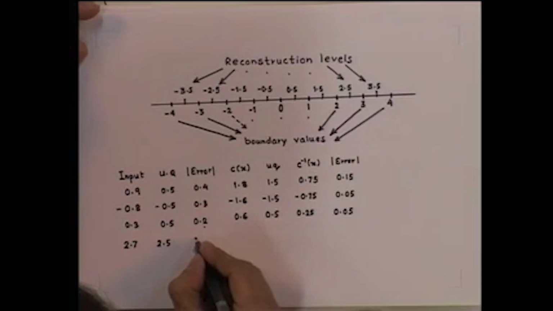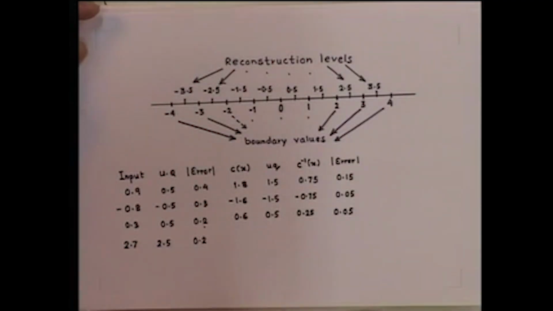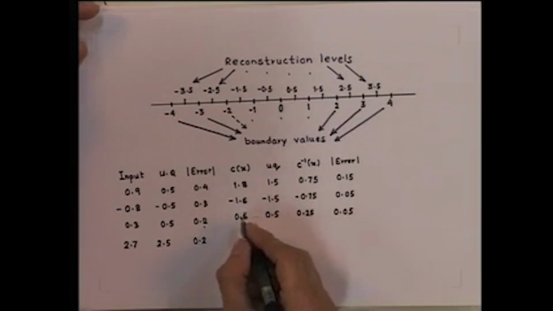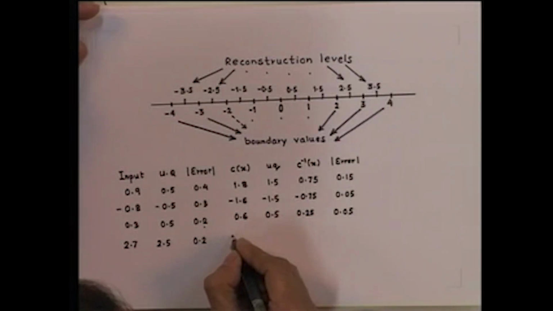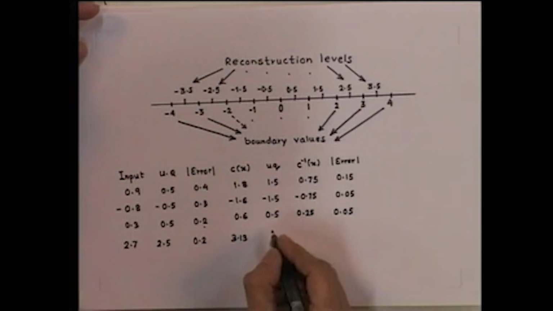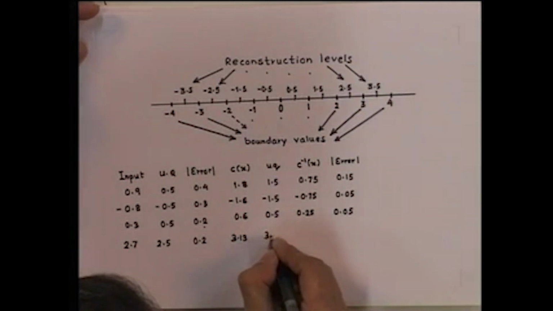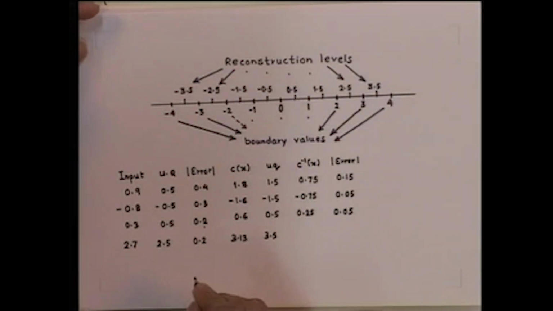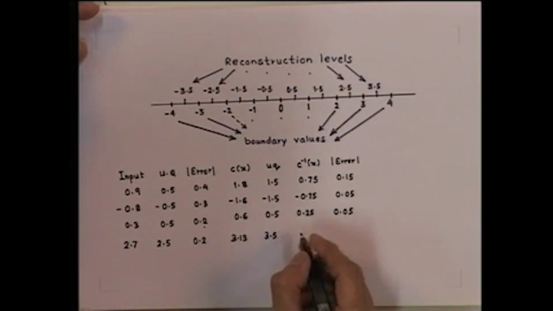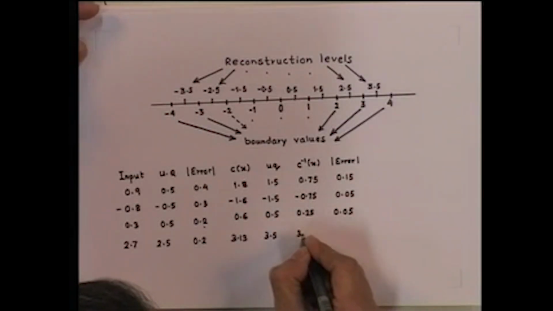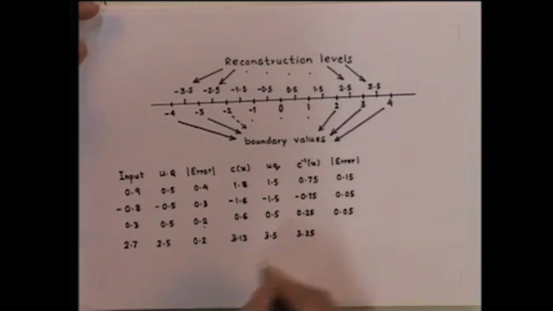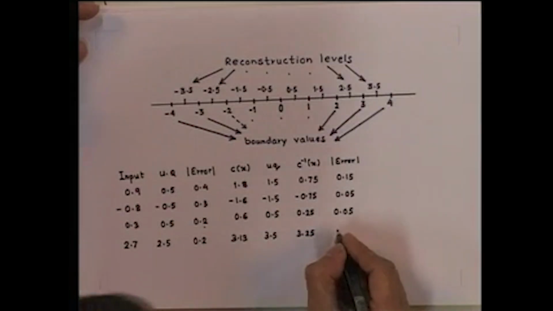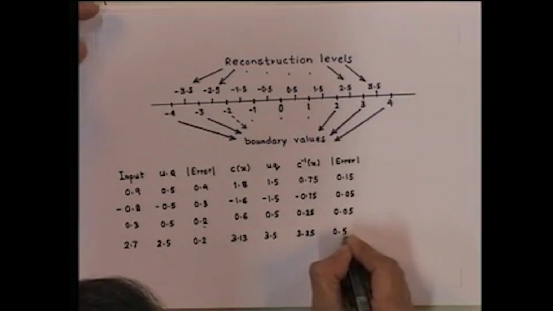So, the absolute error is 0.2, and if we pass through the compressor, this will give us 3.13, which will be quantized to 3.5 uniformly, and when passed through the expander it will give back 3.25. In this case, the error is 0.55.